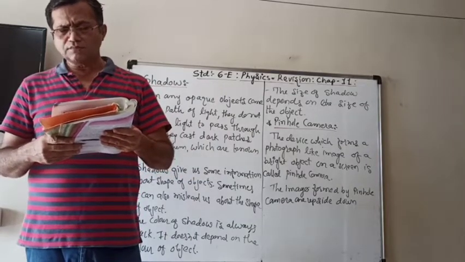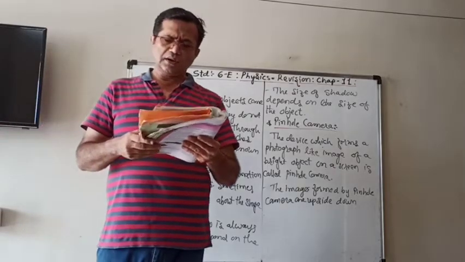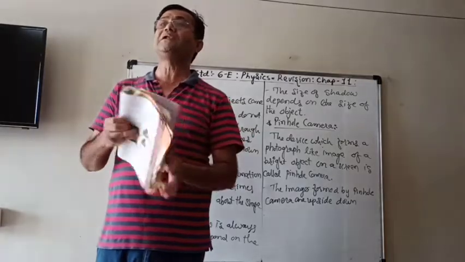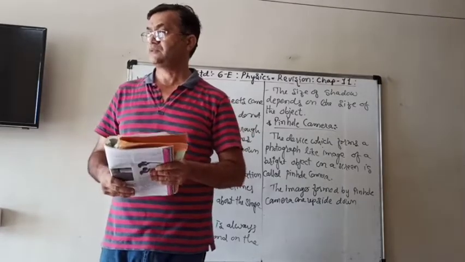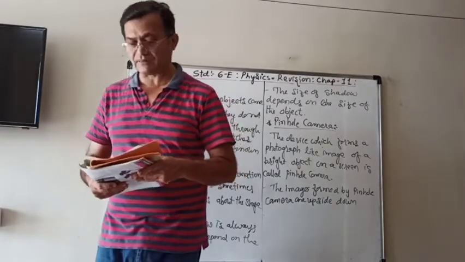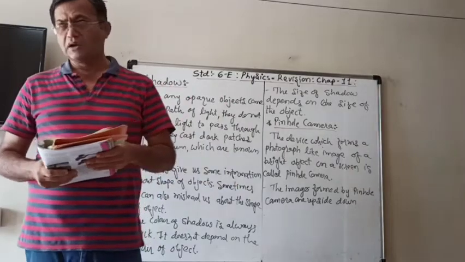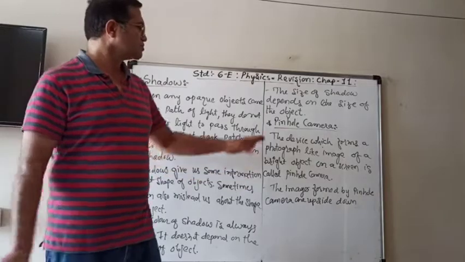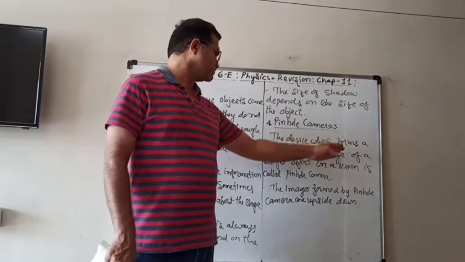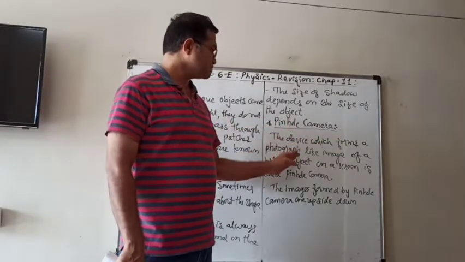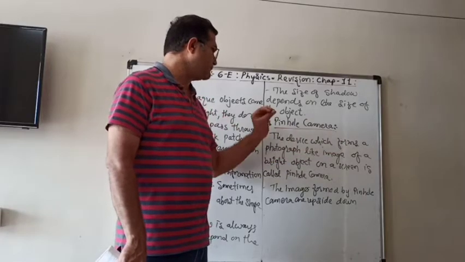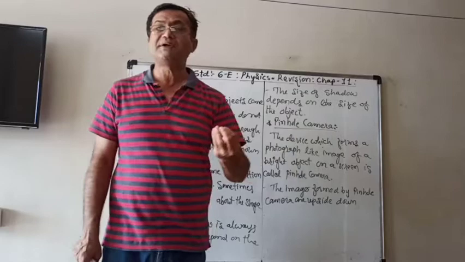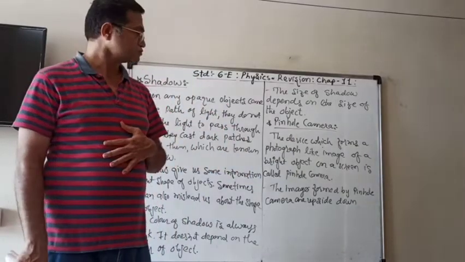Now we have to learn about a pinhole camera. What is actually a pinhole camera? You can easily make this device. The device which forms a photograph-like image of a bright object on a screen is called a pinhole camera.